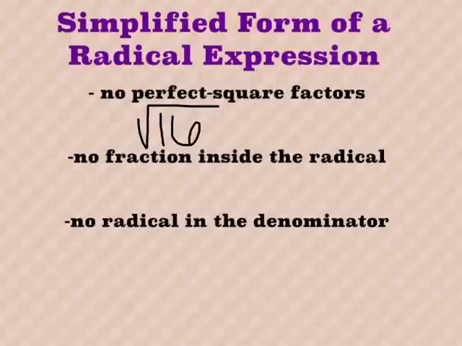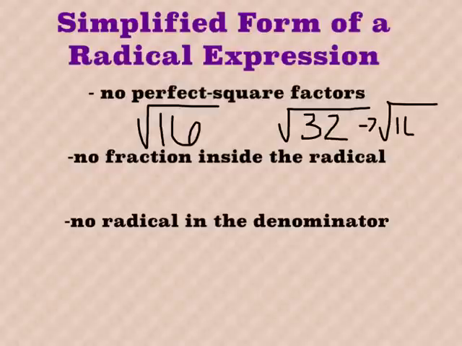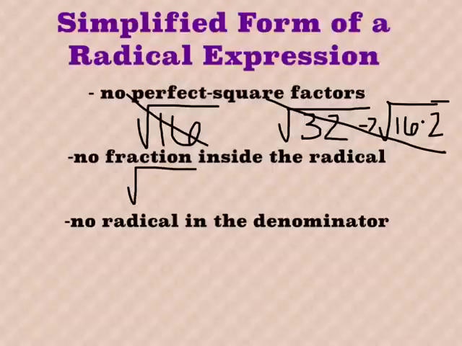For example, we also couldn't have the square root of 32, because 32 is the same thing as 16 times 2. So since 16 is a factor of 32, that would not be a simplified radical. There cannot be a fraction inside the radical, so you cannot have the square root of 2/3.